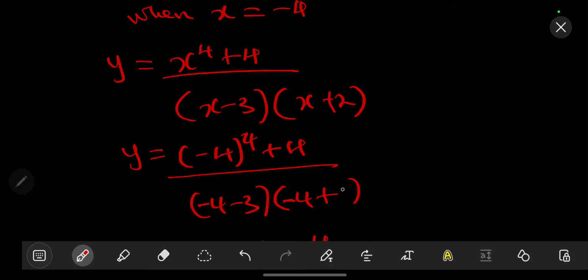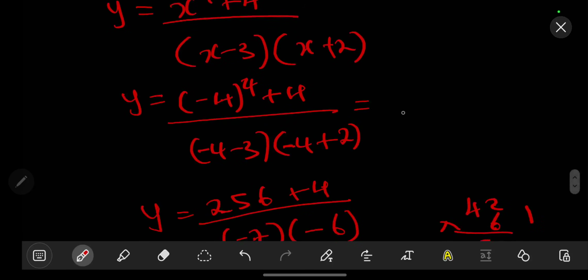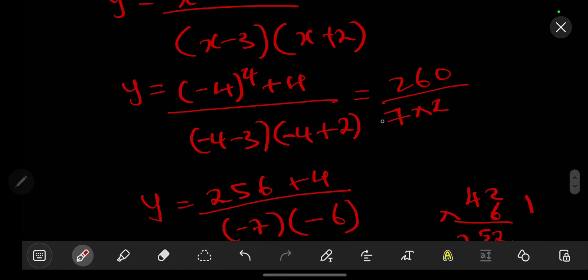So this will give us 260 over negative 7 by the 2 that is here. Negative 7 by negative 2, that will come out there.